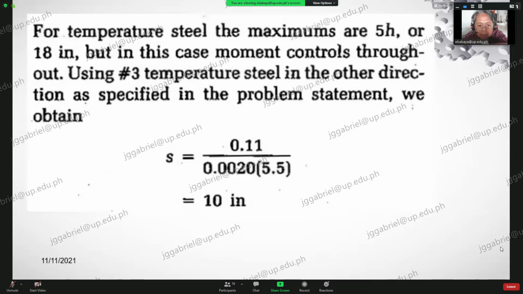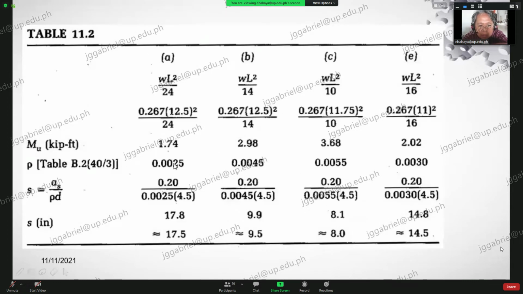Okay? 0.0025. And then, to get the spacing, ito tayo, no? This 0.20, this is the area of a number 4 bar. Okay, and then you will use the raw here that you've selected, 0.0025, and then effective depth, which is 4.5. And you will get 17.8. Therefore, you have 17.5.